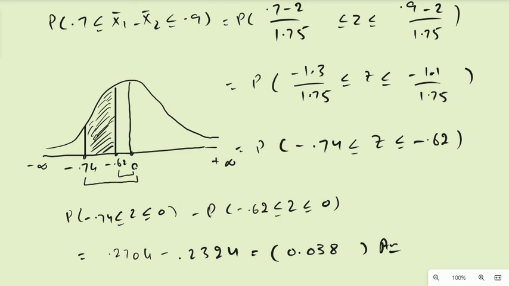That is why we took the area between 0 and 0.74, minus the area between 0 and 0.62. Table value, you can search this value, this is equal to 0.2704 and this value is 0.2724. The net answer is 0.038, or this is equal to 3.8%. This is the answer.